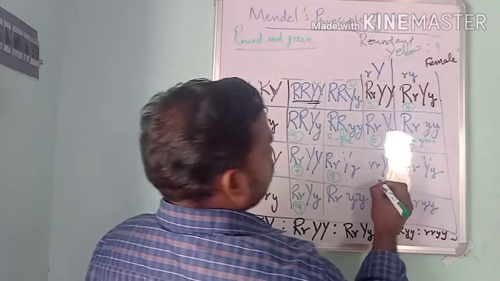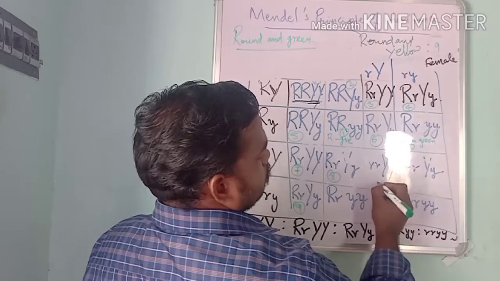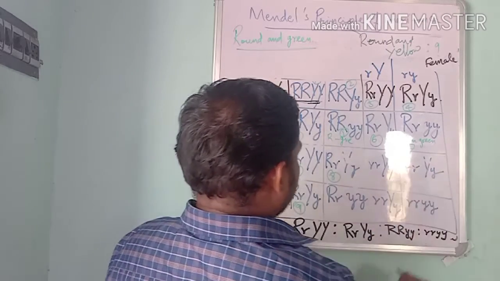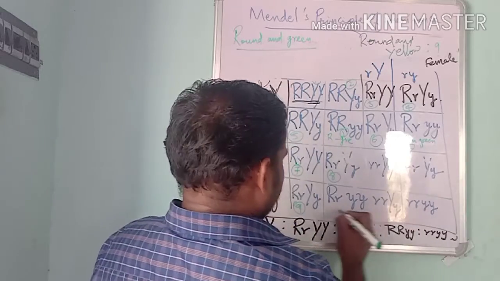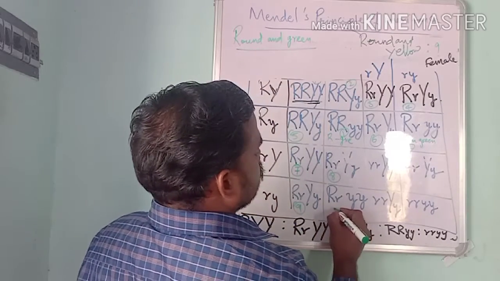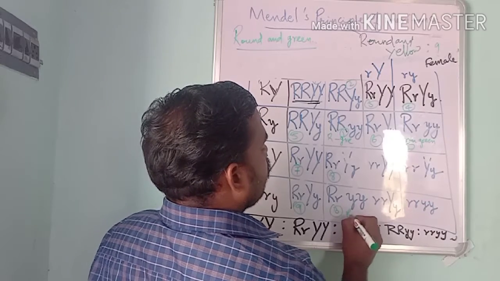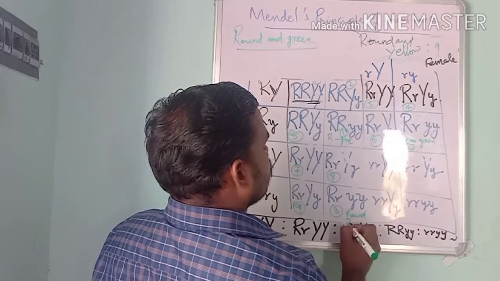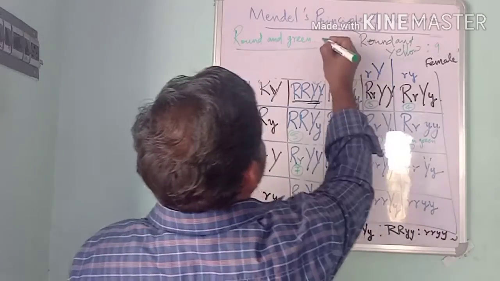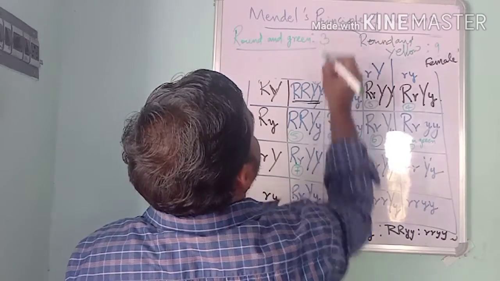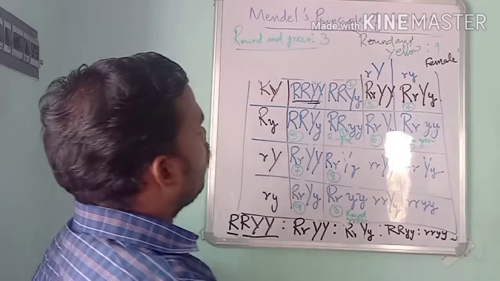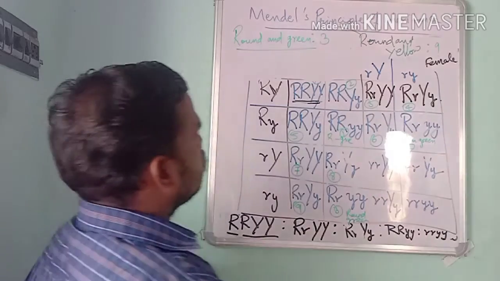This is not. And this one also not. So this is yes. So round and green, how many plants are there? 3.